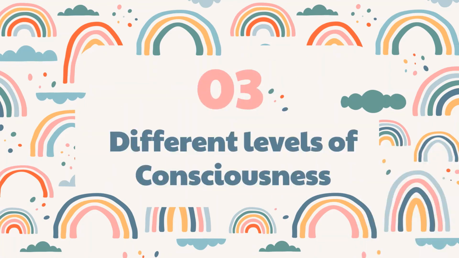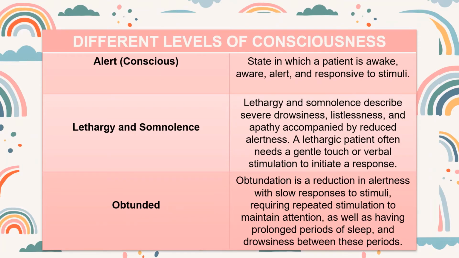Next, we have the different levels of consciousness. First, we have the alert. It is a state in which a patient is awake, aware, alert, and responsive to stimuli. Second is lethargy and somnolence. It is described as severe drowsiness, listlessness, or no interest in anything, and apathy, accompanied by reduced alertness.